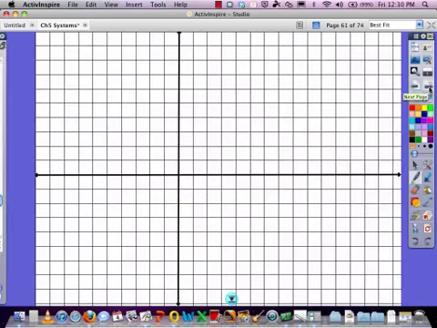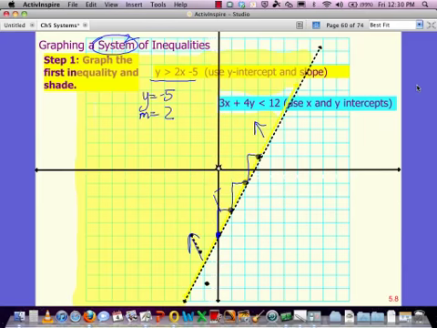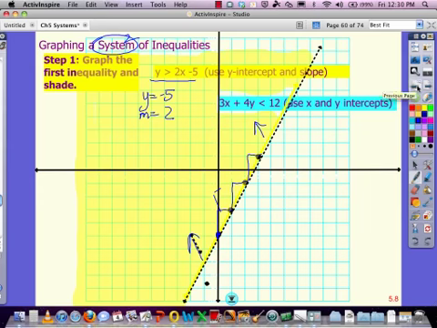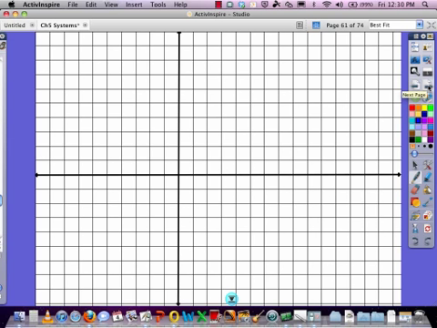So you're going to see the second inequality come in now. And if you remember the equation, let's just do a little work here: 3x plus 4y is less than 12. Let's write that on our new graph. 3x plus 4y is less than 12.